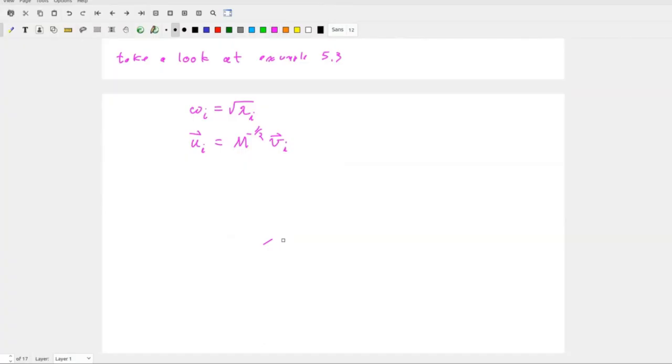I don't know why you would want to. But let's say you had the mode shapes and you want your eigenvector, right? The eigenvector V is equal to mass to the 1/2 times U. Okay, those are both vectors. So you can go back and forth. They're related through the mass normalization process.